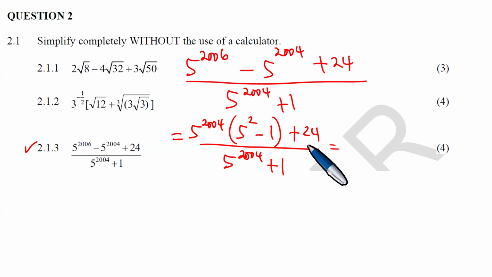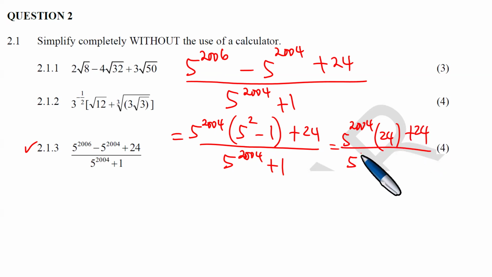Okay, this is exactly the same as what? So 5 to the power 2004. This is 5 squared minus 1, which is 25 minus 1, 24. Plus 24 all over 5 to the power 2004 plus 1.